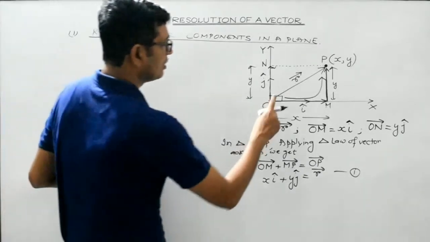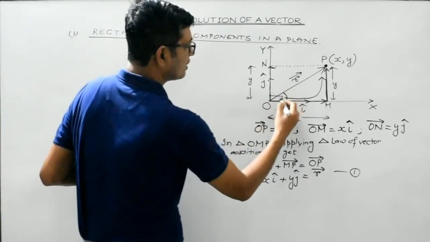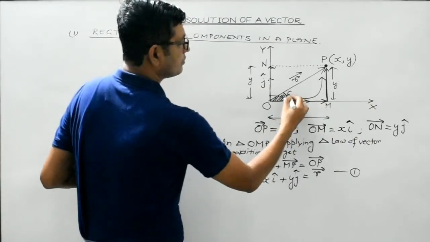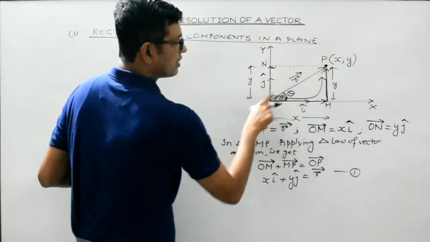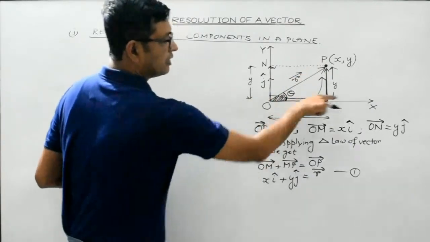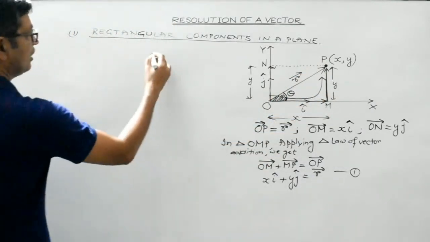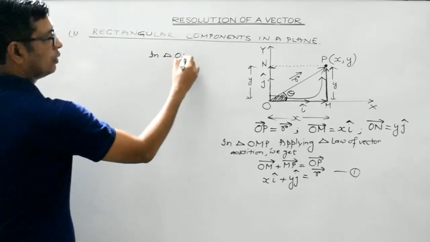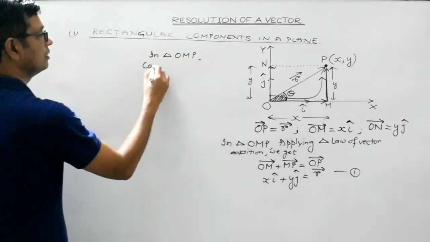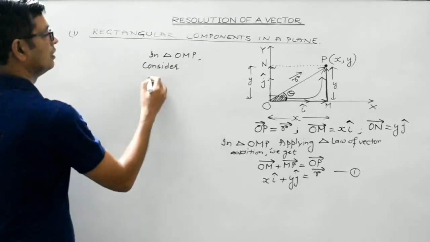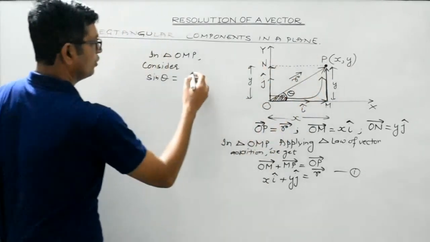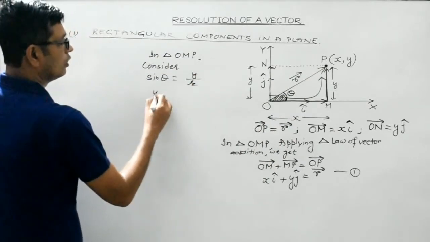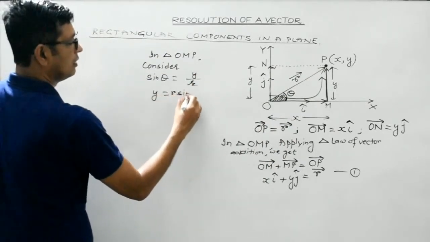Now let's find its magnitude. For that, suppose it subtends an angle theta. Suppose the r vector, which is the position vector at point P, makes an angle theta with the x direction. Now in triangle OMP, consider sin theta. It is equal to perpendicular by hypotenuse, that is y by r, or y is equal to r sin theta.